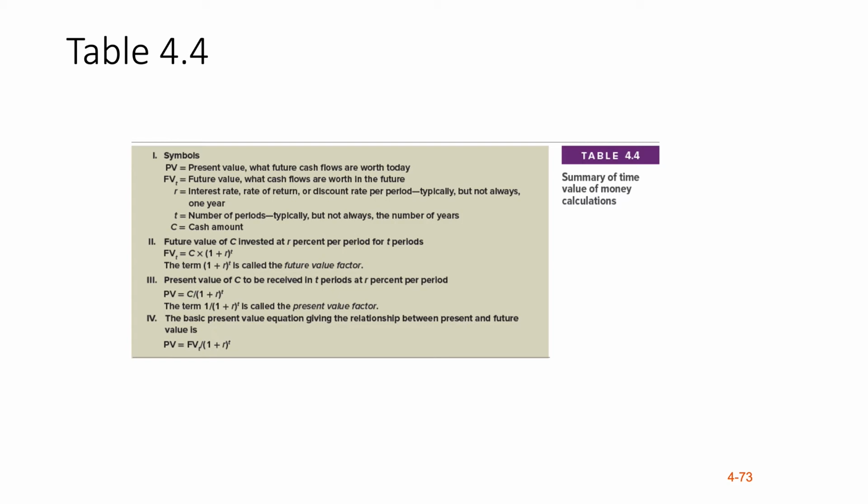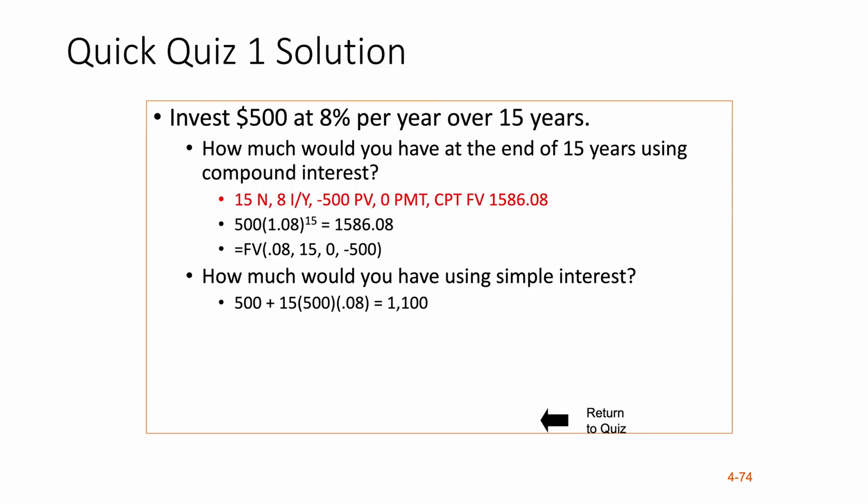In the following slides, there are some reviews. They can also be treated as a quick quiz, using your financial calculator to verify the solution as your first exercise. At the end of the textbook, Appendix D, I think, there are tutorials on how to use financial calculators.